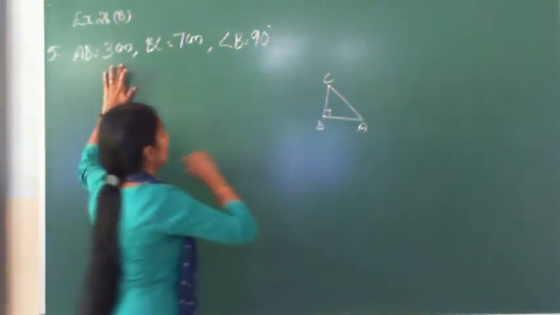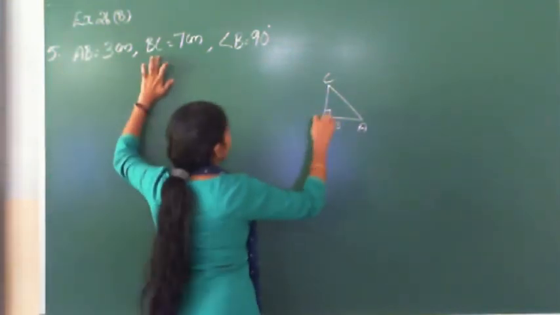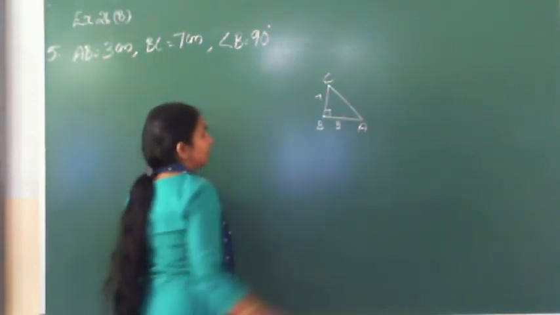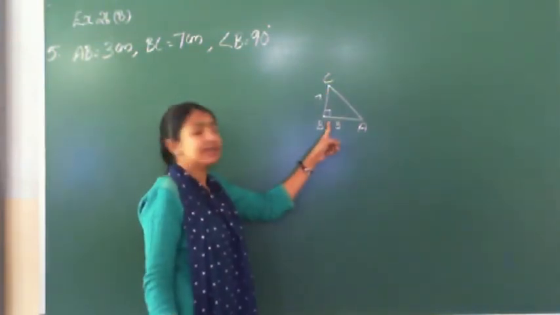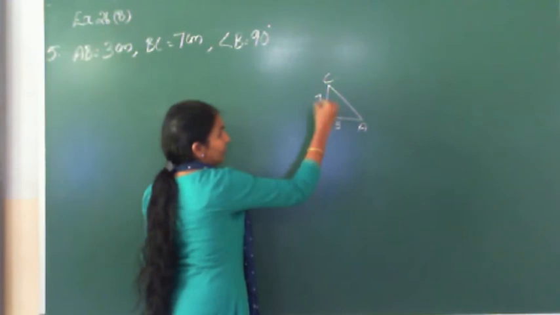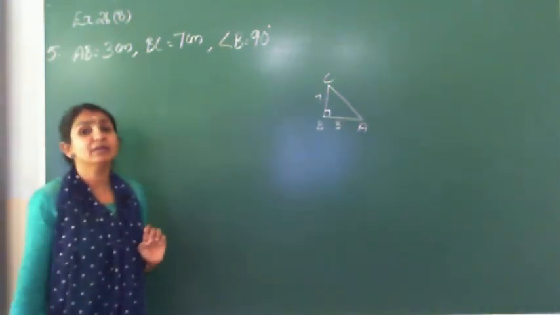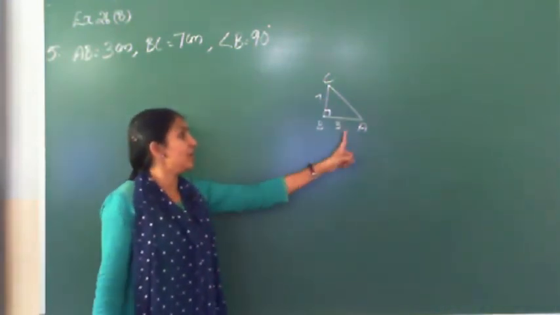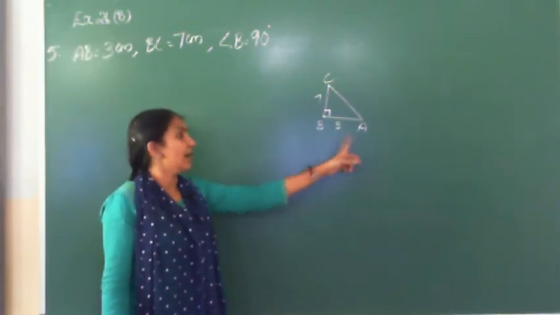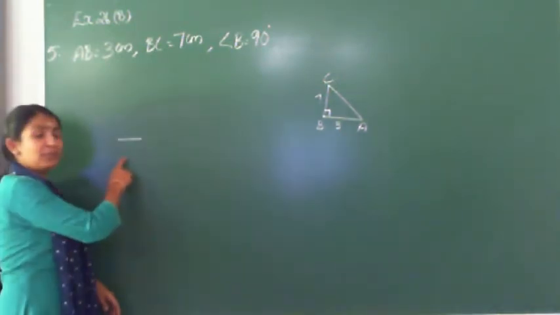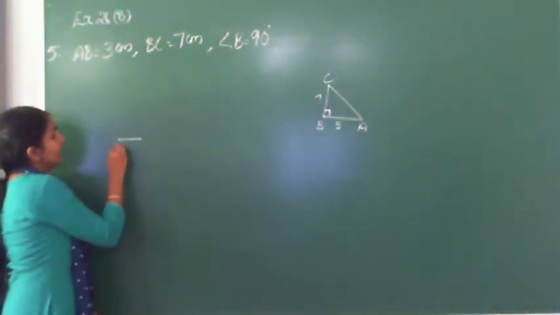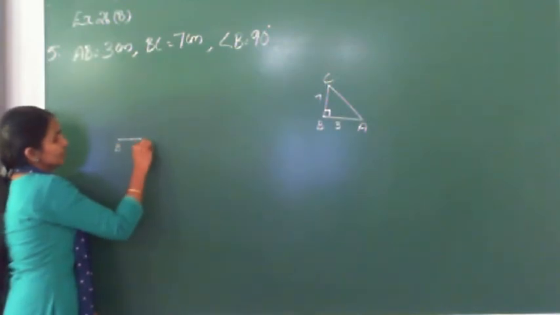Now what is AB? AB is 3, BC is 7, and angle B is 90 degree. When we are drawing, the baseline will be 3 centimeter, and it is AB. So we got the baseline AB, 3 centimeter.